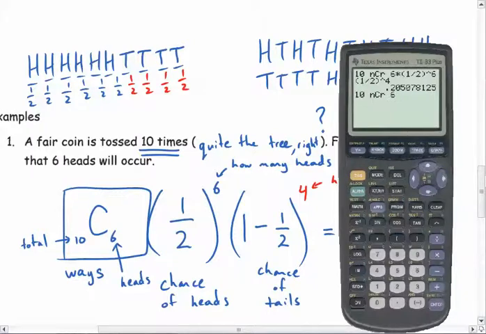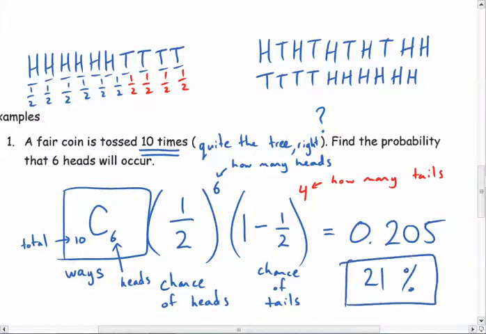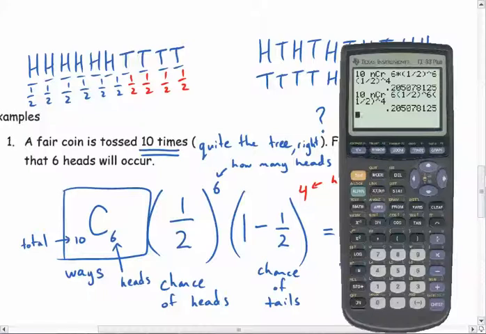Then the r value. 1/2 happens 6 times, and 1/2 happens 4 times. 21%. Are there any questions about that?